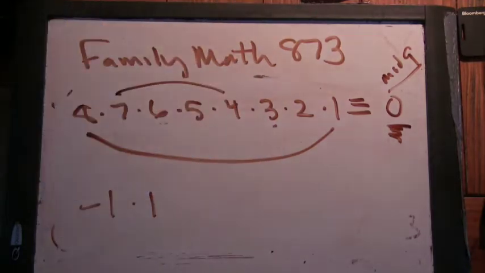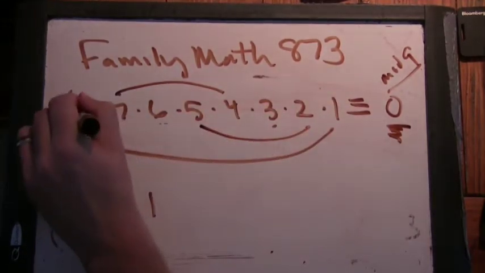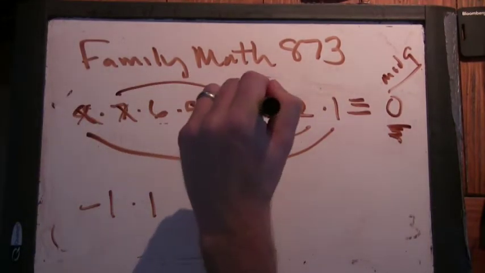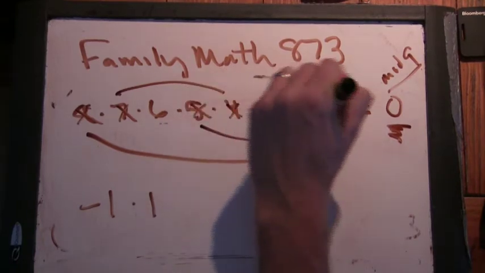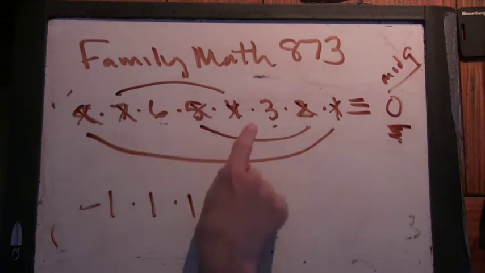Can you find a pair that's left that multiplies to be 1 mod 9? So 5 and 2. 5 and 2 gives us a 1.